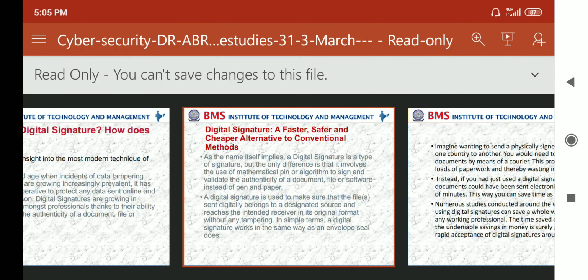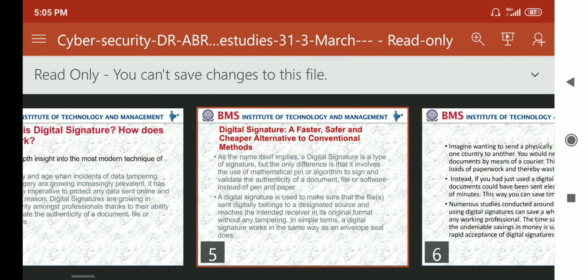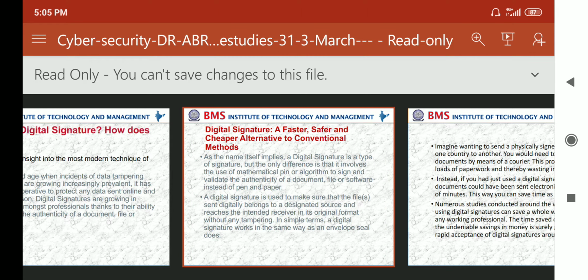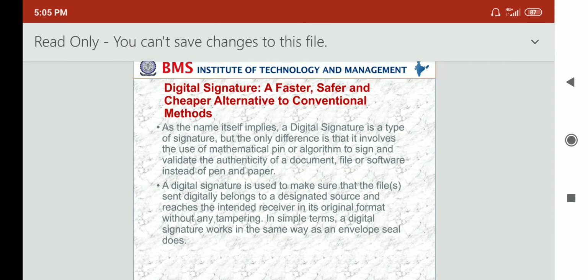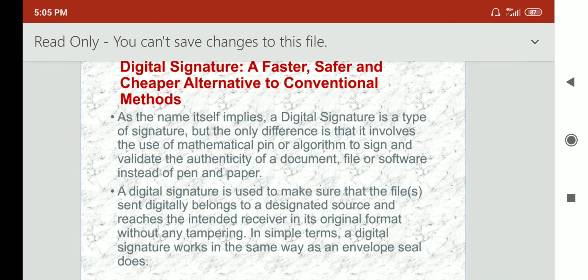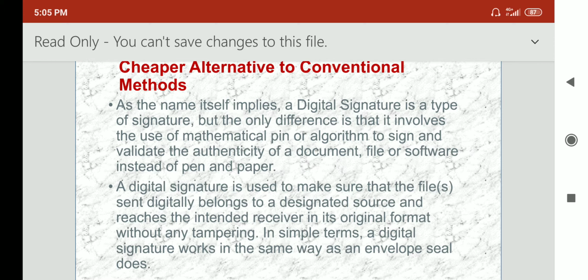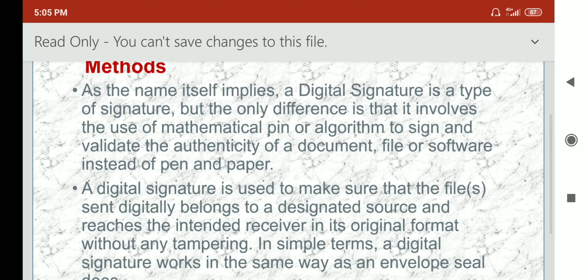Digital signature is a faster, safer and cheaper alternative to conventional methods. As the name itself implies, a digital signature is a type of signature, but the only difference is that it involves the use of a mathematical pin or algorithm to sign and validate the authenticity of a document, file or software instead of a pen and paper.